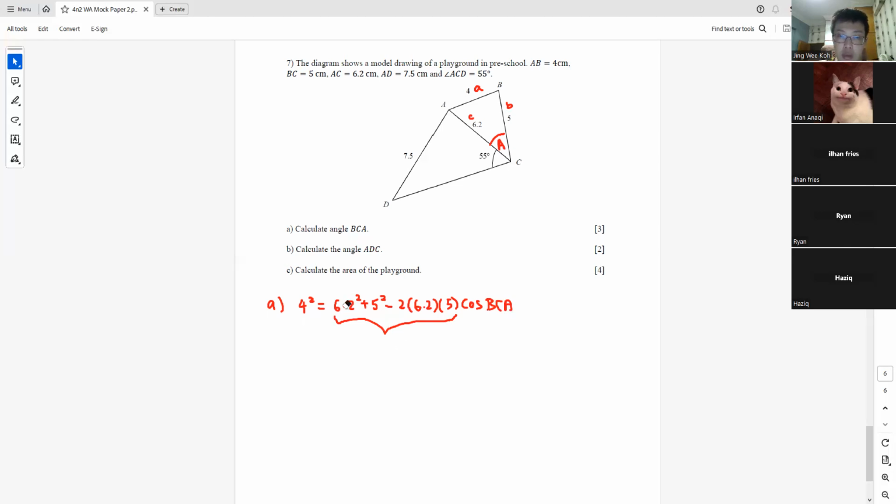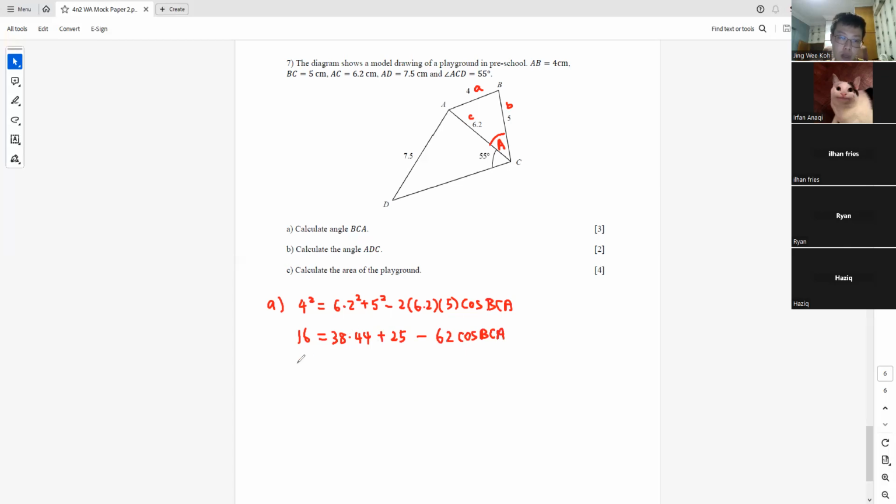You cannot press this because BODMAS says that you need to do your multiplication first. So you cannot add them together. So press calculator, this is 16. 6.2 square is what? 38.44 plus 25 minus 2 times 6.2 times 5 cosine BCA.